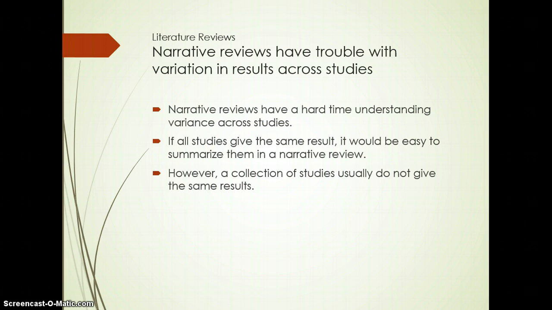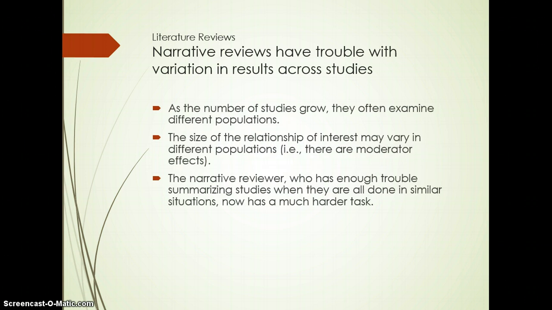Well, in a traditional narrative review, it can be more difficult to understand why there's variance when summarizing. If you were to have a set of studies with the same result, then summarizing those studies in a narrative review would be quite easy. But this is impossible. You'll never see this happen. Studies do not have the same results across the board. There's always going to be variation.